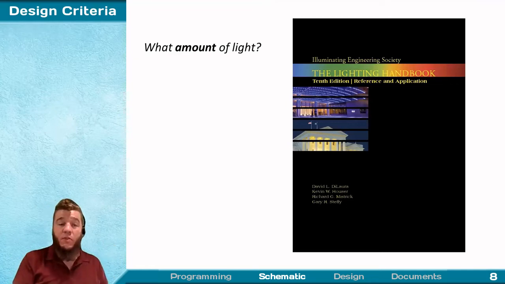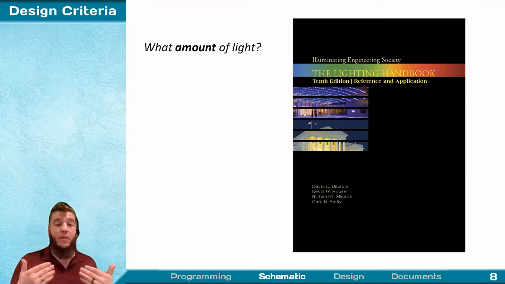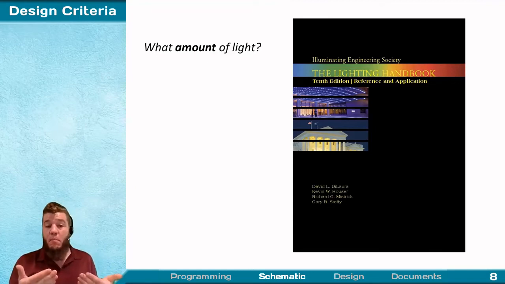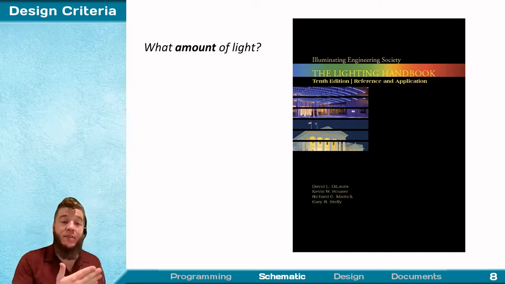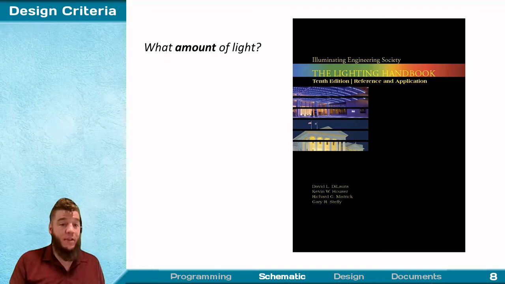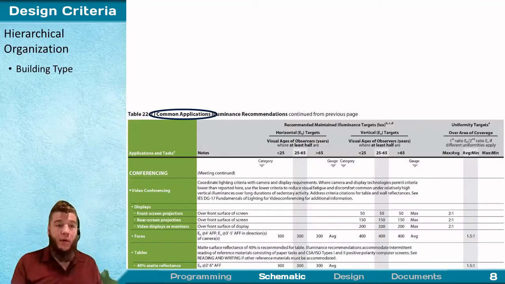So, this brings me to our design criteria. And the most important aspect of this is what amount of light are we going to utilize? Fortunately, we have an excellent guide for that, and that's the IES handbook. So let's dig into the IES handbook and take a look at how we utilize it.